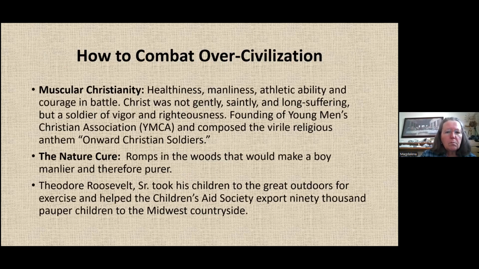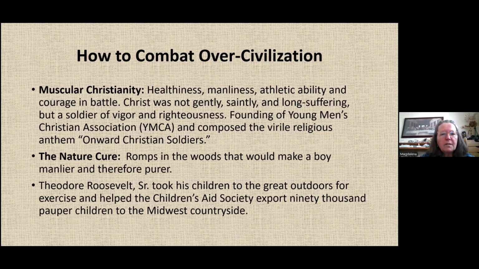So, okay, how to combat over-civilization, the fourth stage of Anglo-Saxonism. All right. There's something called muscular Christianity. Healthiness, manliness, athletic ability, and courage in battle distinguished muscular Christianity.